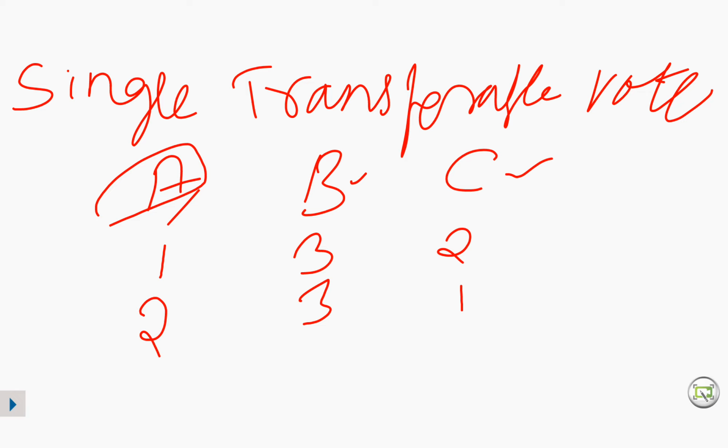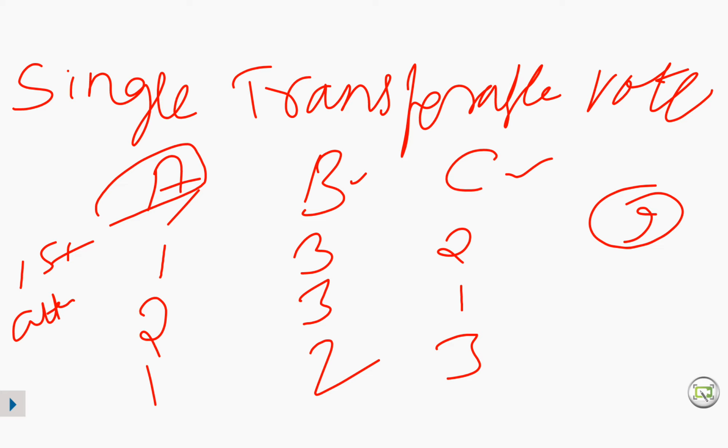So these are two members, and the third time they are giving priority more to A, then second B, and at last the third. So this is the first attempt. For example, three people have given in the first attempt.